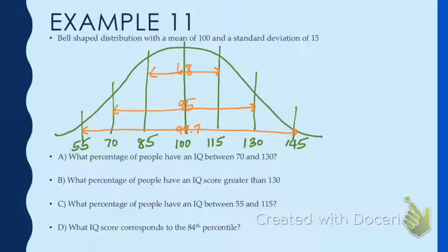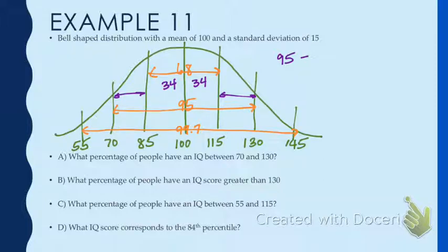So how did they get the 34%? Basically I took the 68 and cut it in half. So this is 34, this is 34. How could you get the percentage between 70 and 85 and between 115 and 130?